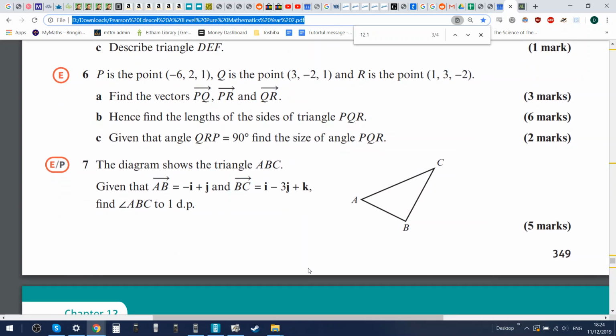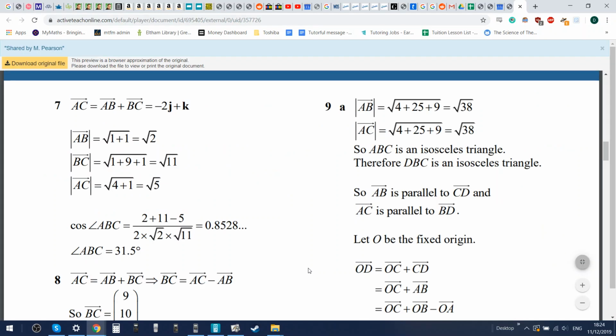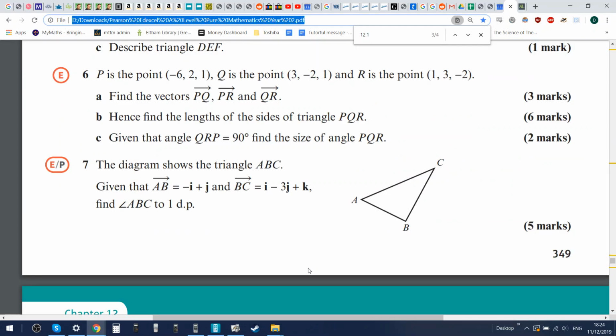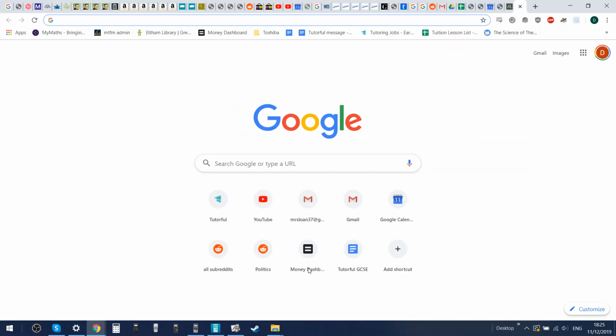So I'm thinking it's going to be minus 1 times 1 plus 1 times minus 3. It is not. Is it just plus on the top? 2 plus 11 minus 5. Oh, I'd have to... 2 plus 11 minus 5. Oh, why?